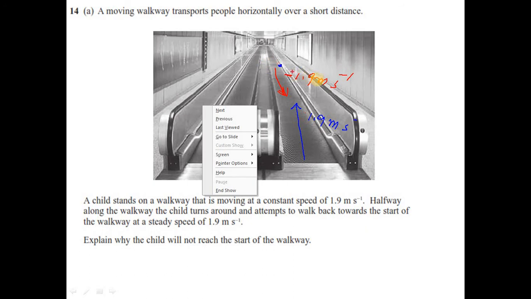Meaning, with reference to the ground, the resultant velocity of the child is 0. If the resultant velocity is 0, then the displacement covered by the child is also 0. It is because the child is moving in the opposite direction with the same speed. That's why the child cannot reach the start of the walkway.